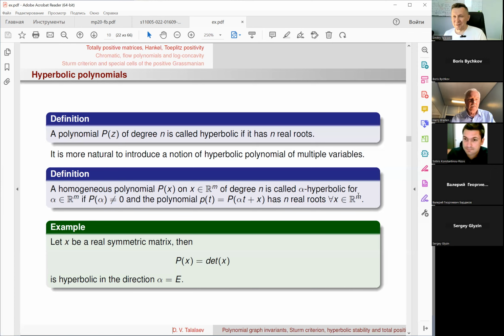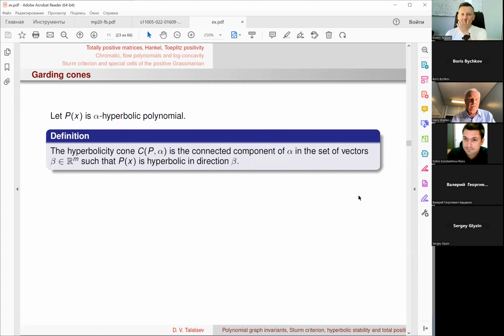Is it evident for you? Yes. It is the statement that a real symmetric matrix has a real spectrum. Exactly, it is the property that this polynomial on the space of symmetric matrices is hyperbolic.